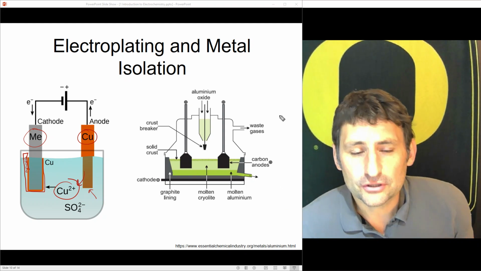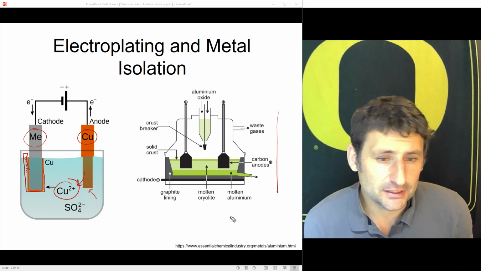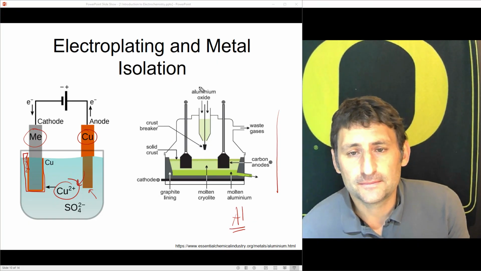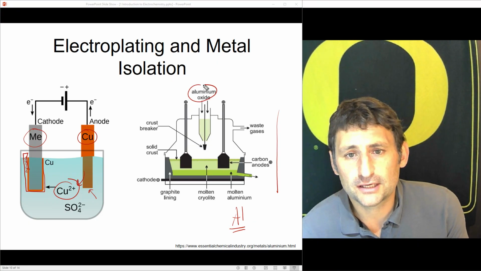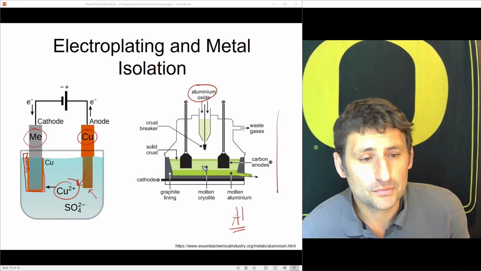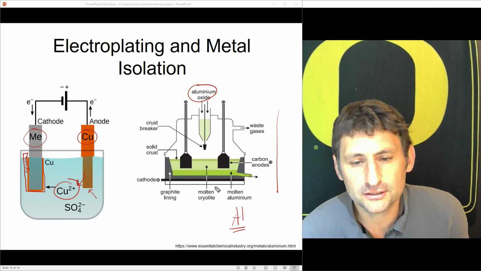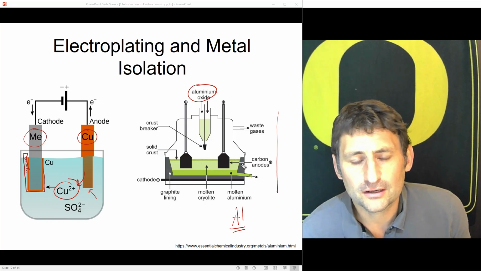Another thing that electrochemistry is used for is actually making elements. So aluminum, this is aluminum metal manufacture. It's a high temperature process. You take molten aluminum oxide. Molten aluminum oxide is in the electrolyte. It's an ionic conductor. And you have carbon anode and cathode.